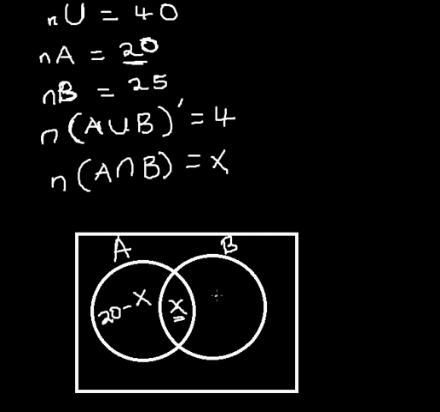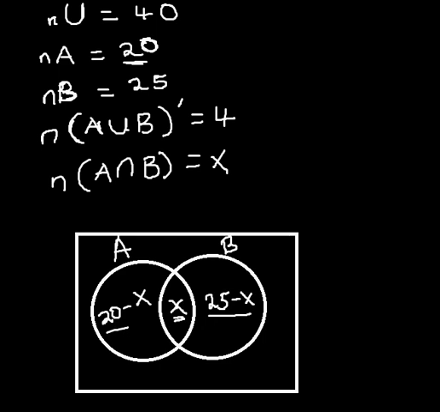Likewise for B only: B is 25, and without the intersection, I subtract X. So this is A only, A and B, and of course B only.